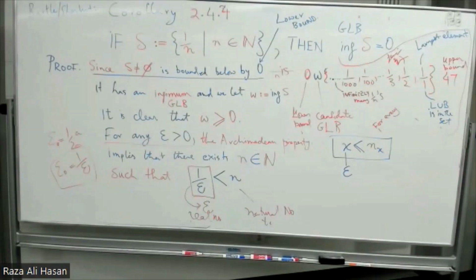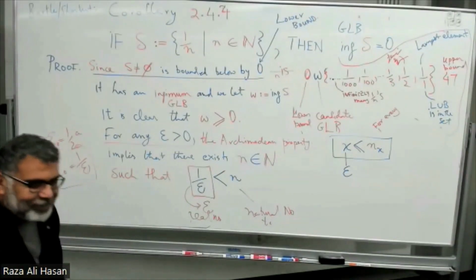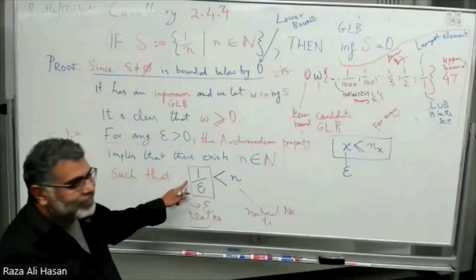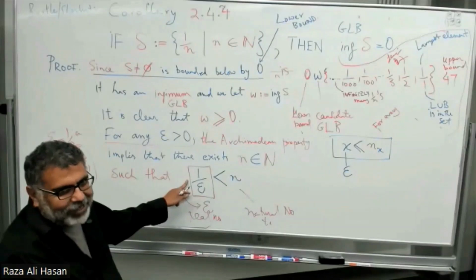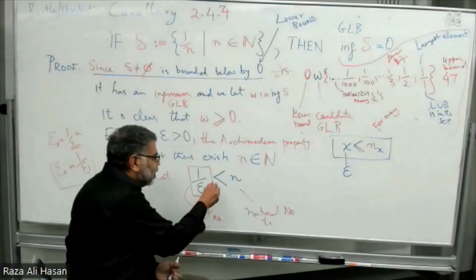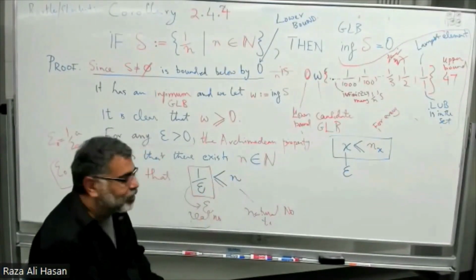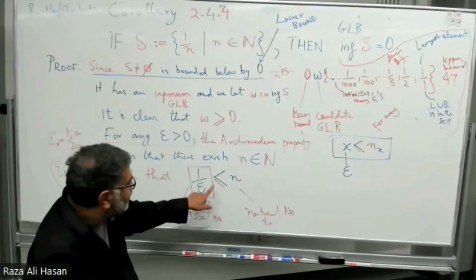I just saw it. The reason is this is a fraction. So it can never be equal to a natural number 1, 2, 3, 4.